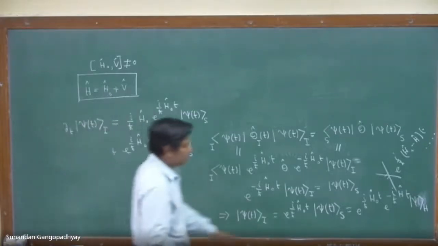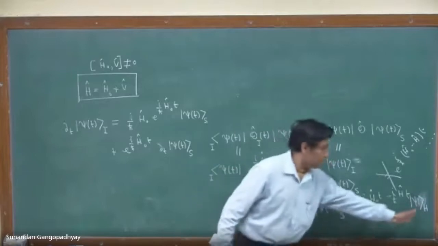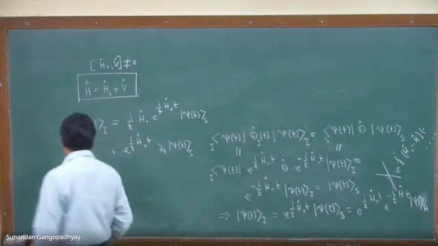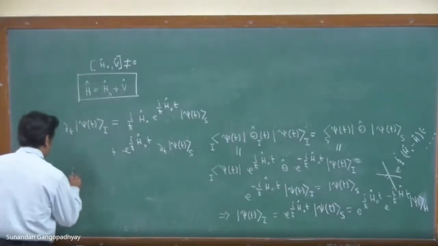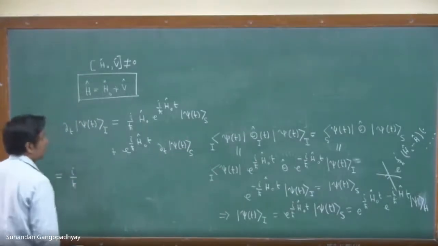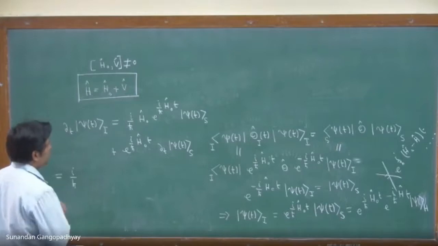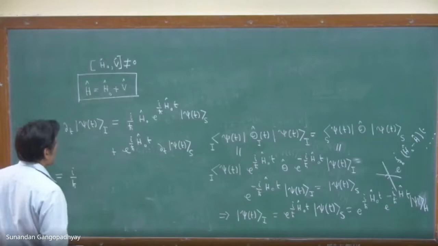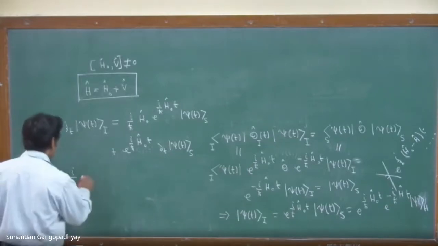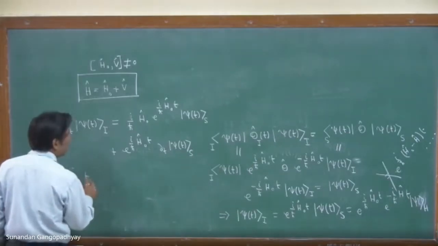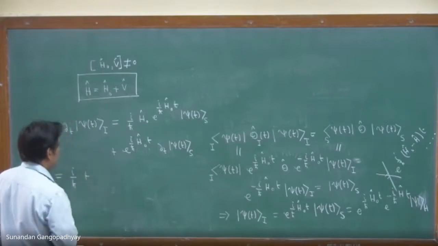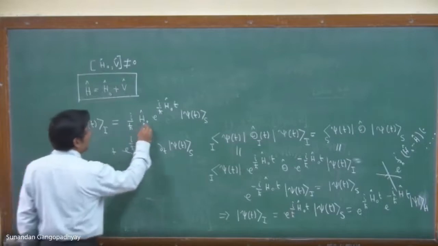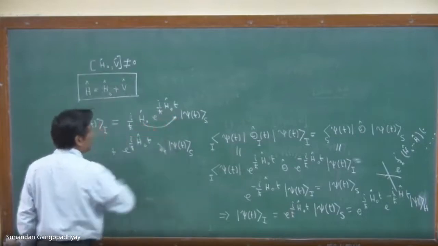You can also do the calculation by taking into account this relation. This is equal to i by H bar. I can write this and this commute, because this is also H naught, this is also H naught.